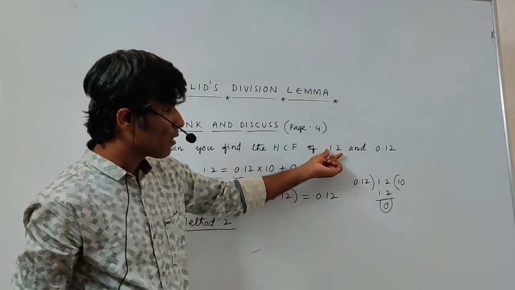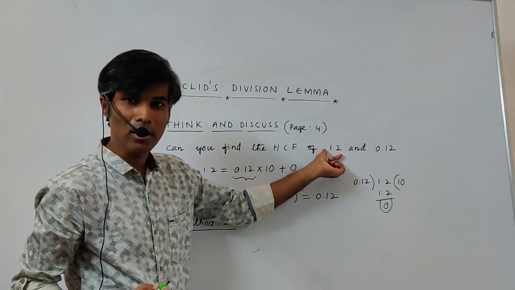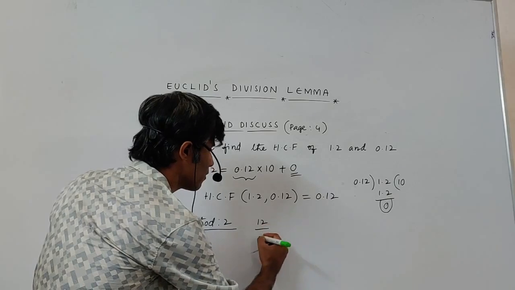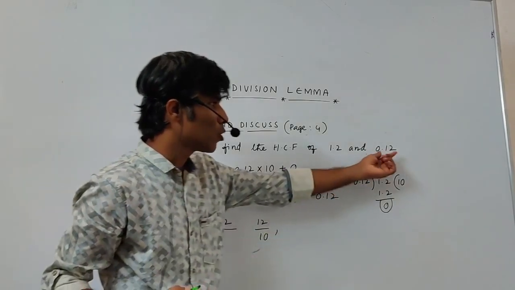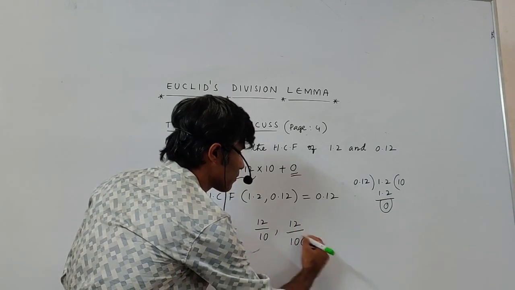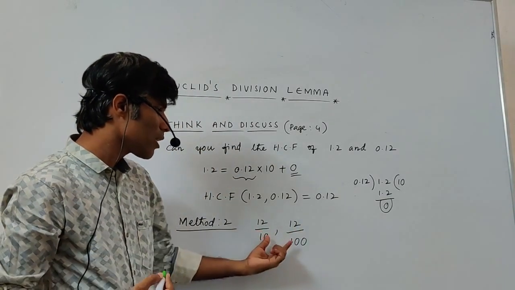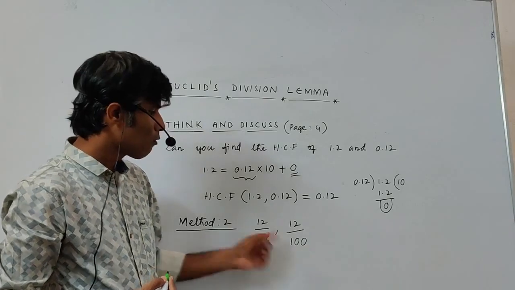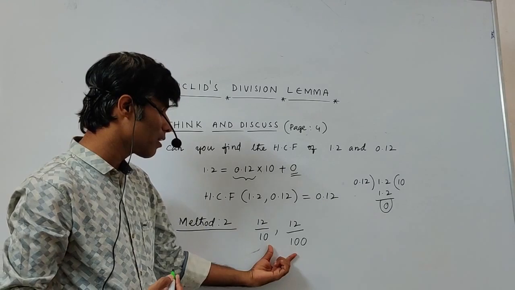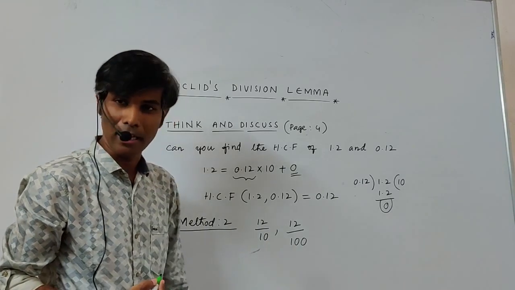First convert this 1.2 into a rational number, otherwise into a fraction, that is 12 by 10, and 0.12 can be written as 12 by 100. To find the HCF of these two numbers, find the HCF of the numerators divided by the LCM of the denominators.